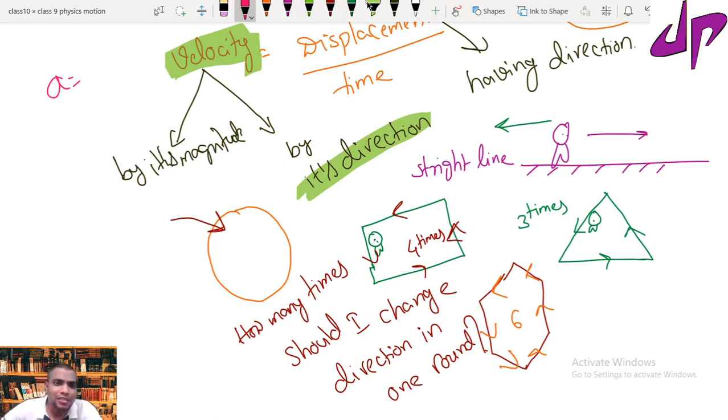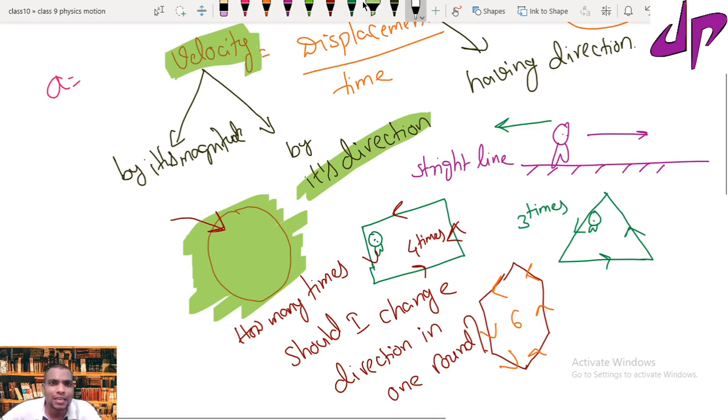Now come back to the circle. How many sides does this circle have? If we know that answer, we can get it. Or we can say the circle is made up of infinite sides. Infinite is a symbol.